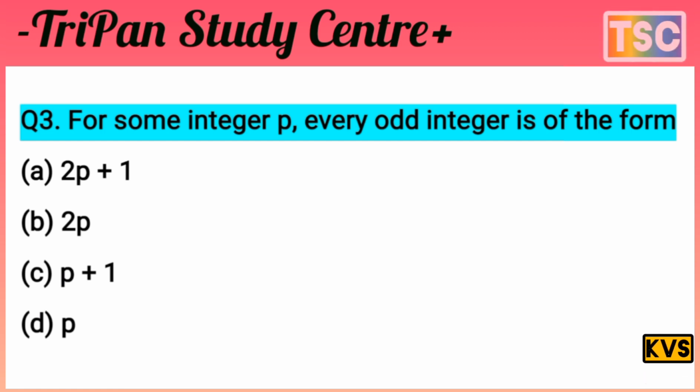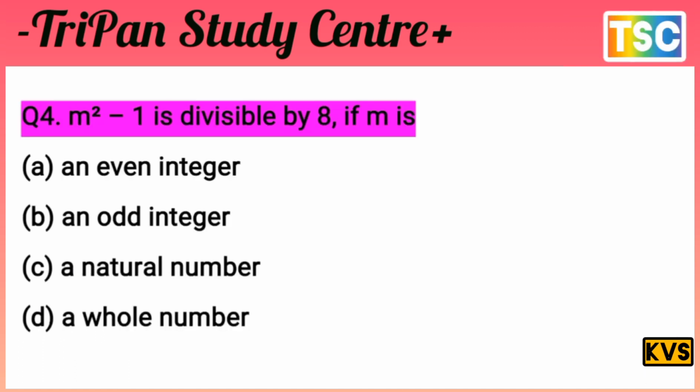Let's see the next question. That's important. The question is: m square minus 1 is divisible by 8 if m is A) an even integer, B) an odd integer, C) a natural number, D) a whole number.